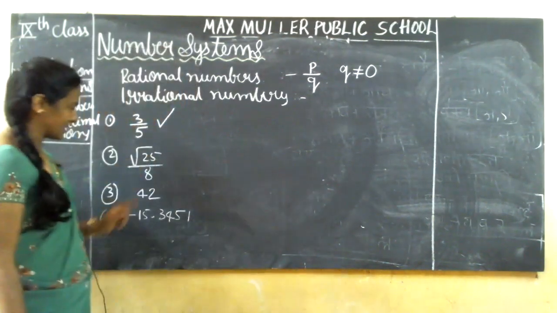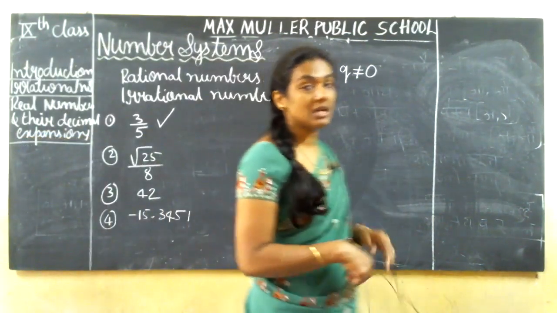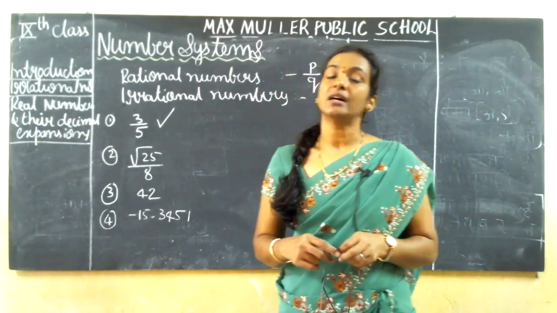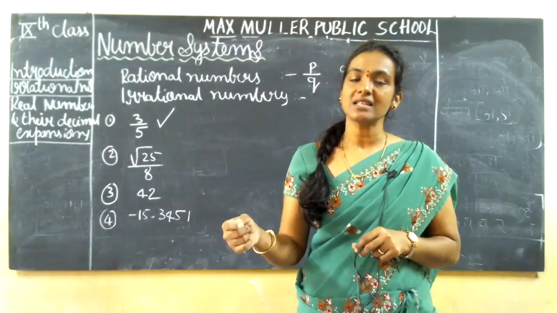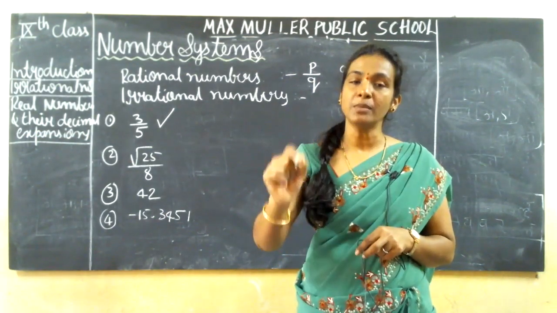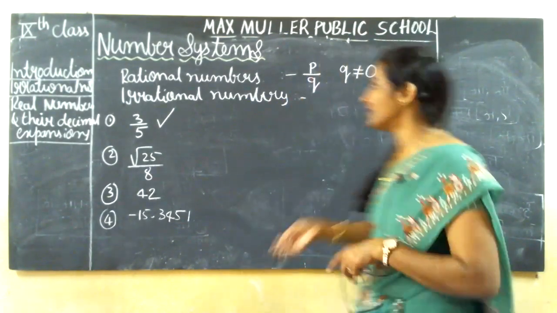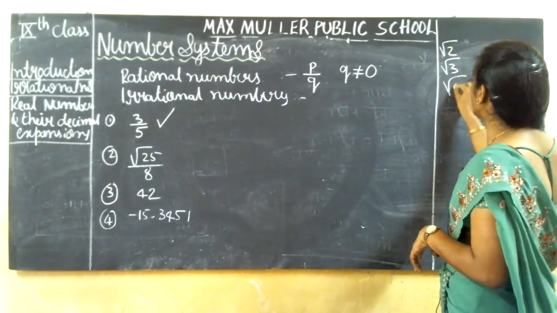Come to the second one, root 25 by 8. Last class we learned how to represent numbers under a root on the number line: root 2, root 3, and root 5.